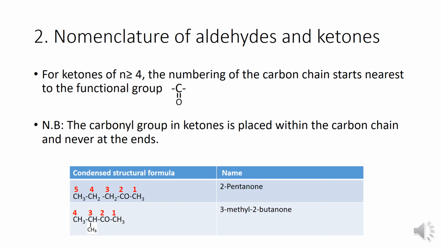So we start numbering nearest to the functional group, which is C double bond O, the carbonyl group. And in order to name this ketone, we start by naming the alkyl radical, and the position of the alkyl radical is on the third carbon atom. So we say 3-methyl 2-butanone.